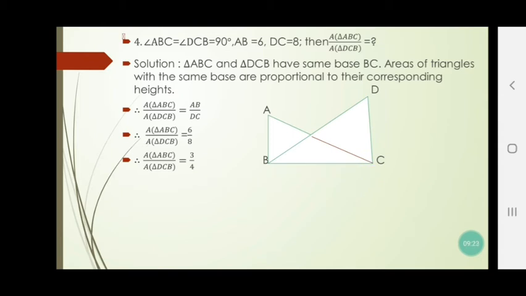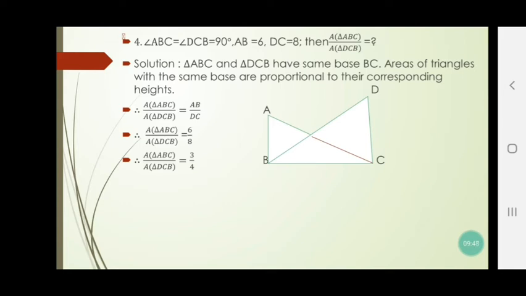That will be equal to the ratio of their corresponding heights. Okay. So area of triangle ABC upon area of triangle DBC is equal to AB upon DC, as AB is perpendicular to BC and DC is perpendicular to BC.